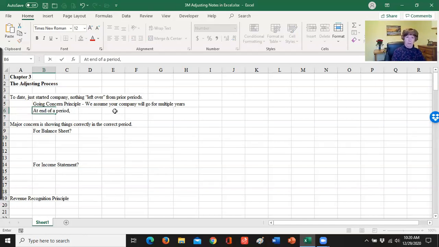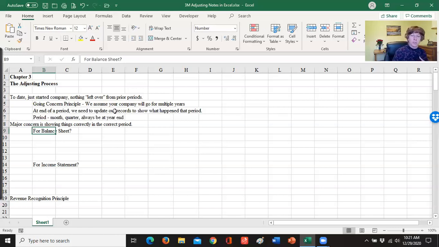At the end of the period, we need to update our records to show what happened in that period. And I use the word period because sometimes that's going to be a month, sometimes it will be a quarter, but it will always be at year end.